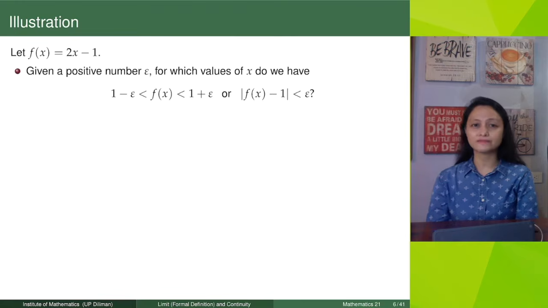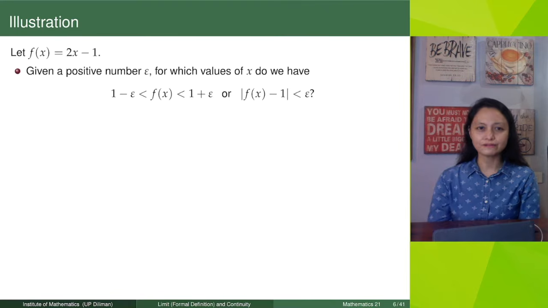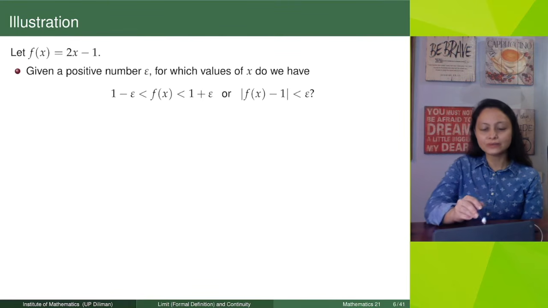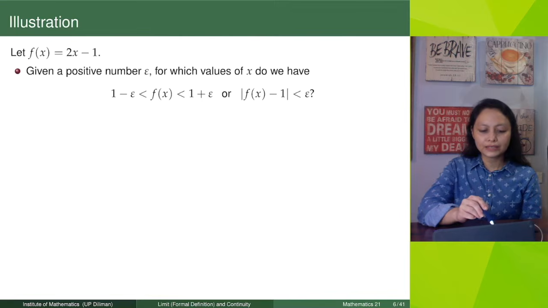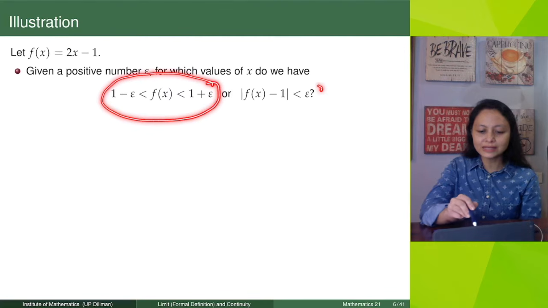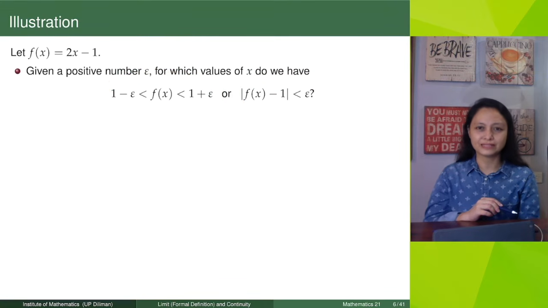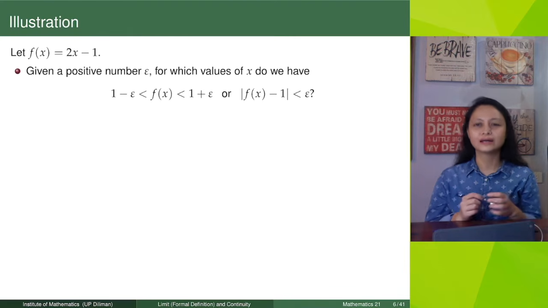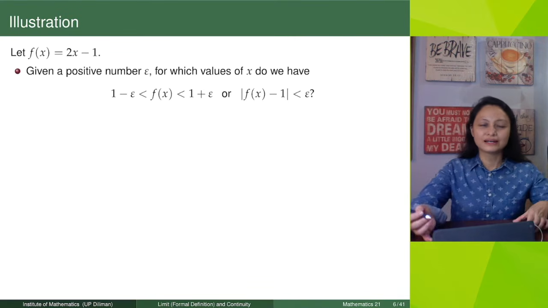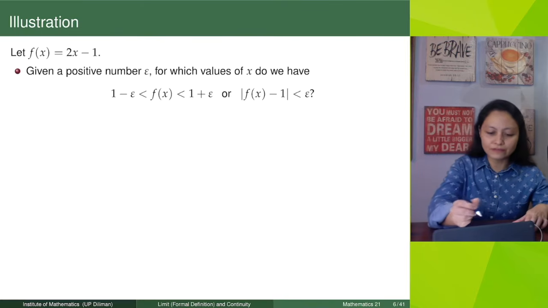So given a positive number epsilon, for which values of x do we have this inequality? That is, f of x is less than 1 plus epsilon but greater than 1 minus epsilon. Can you verify that this inequality is equal to this absolute value inequality? Please check that. So again, we substitute the function 2x minus 1 for f of x.